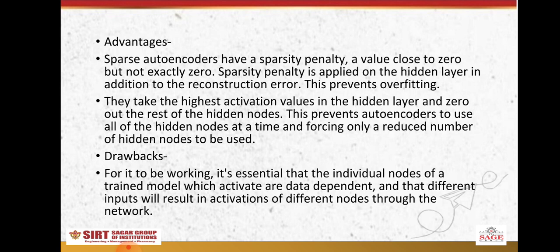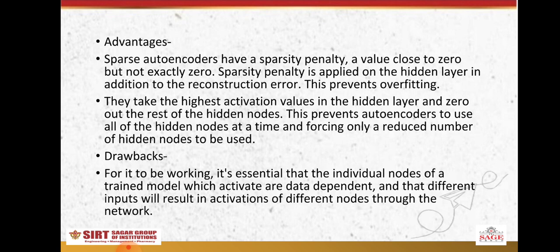Sparsity penalty is applied on the hidden layer in addition to the reconstruction error. This prevents overfitting. They take the highest activation values in the hidden layer and zero out the rest of the hidden nodes. This prevents autoencoders from using all of the hidden nodes at a time, forcing only a reduced number of hidden nodes to be used.